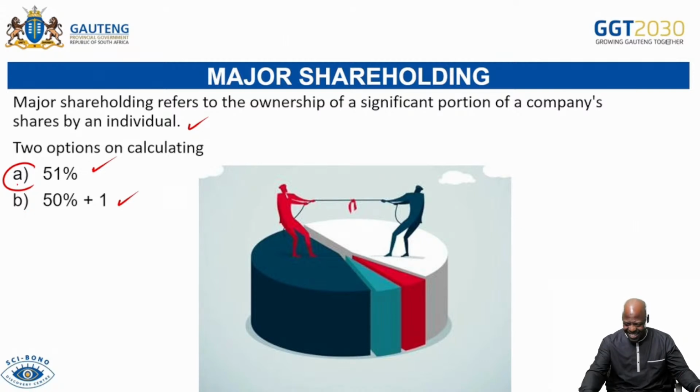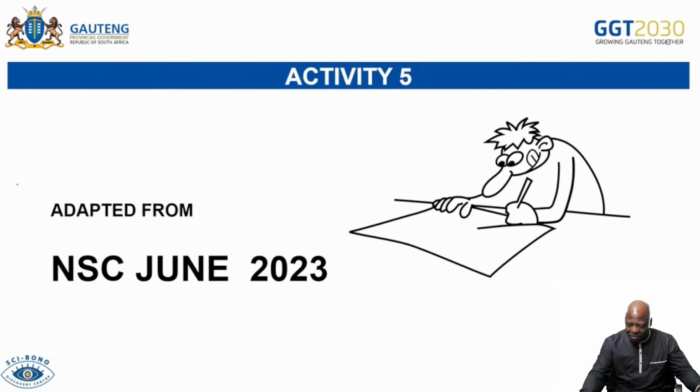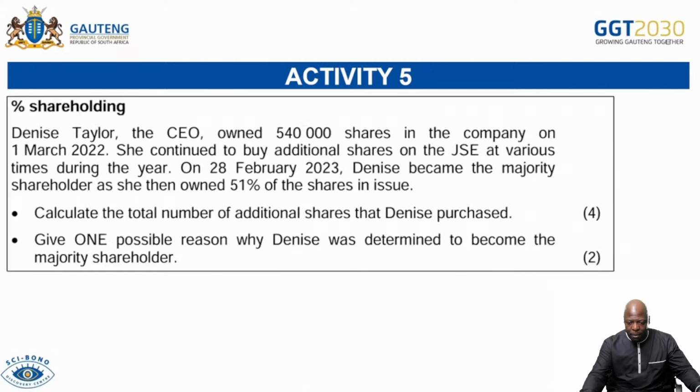We good? Okay. Calculations then. We have information that we are provided. This is from our NSC June 2023 paper, and it reads: Denise Taylor, the CEO, owned 540,000 shares in the company on 1 March. This is at the beginning.